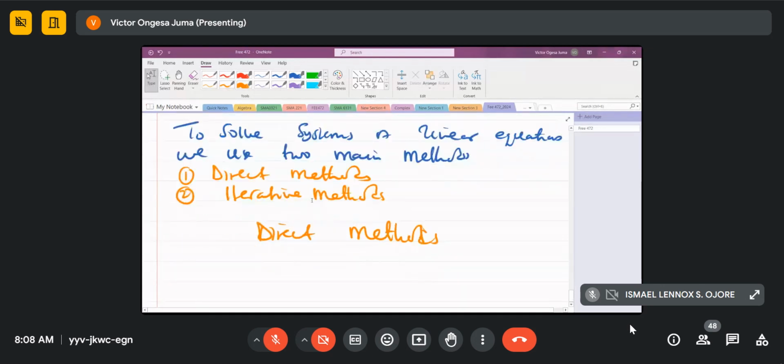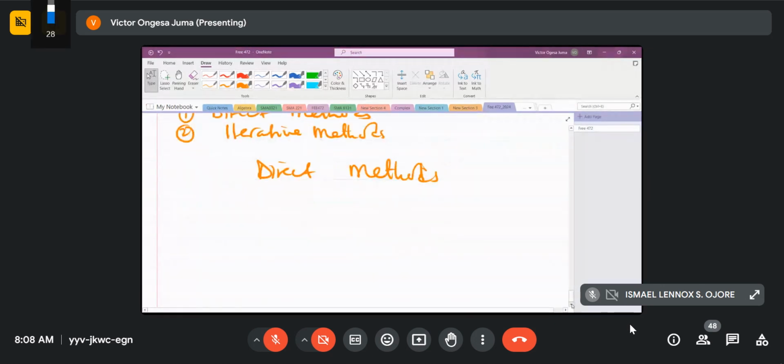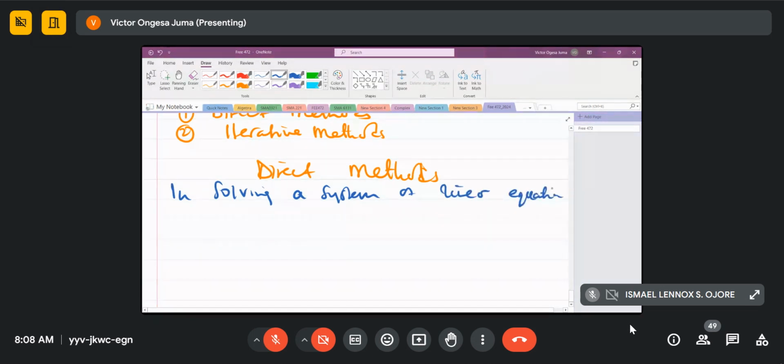In solving a system of linear equations, I will symbolize that as Ax = b. When you have a linear system of equations, there are those systems in which you can factor out the matrix of coefficients, and then you remain with the variables.